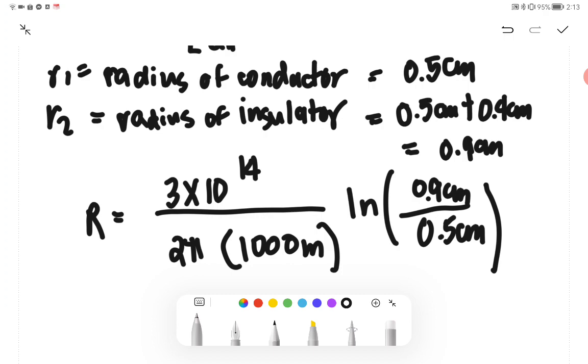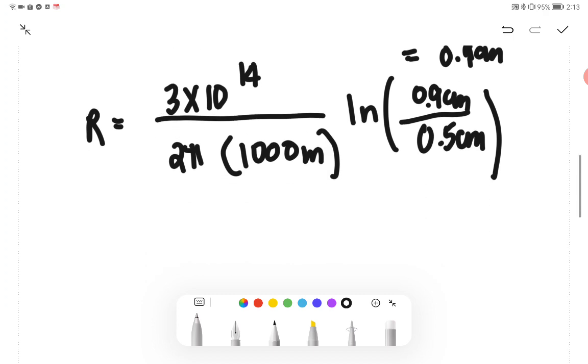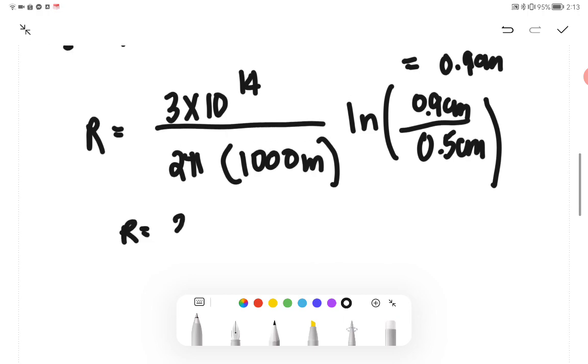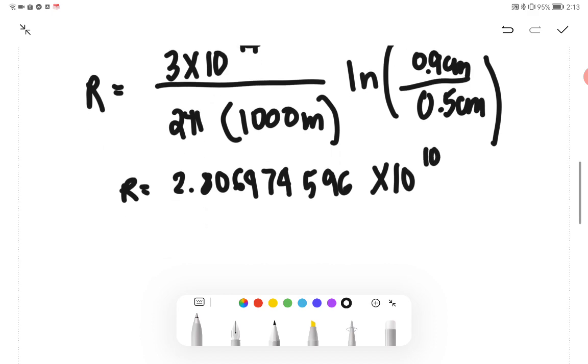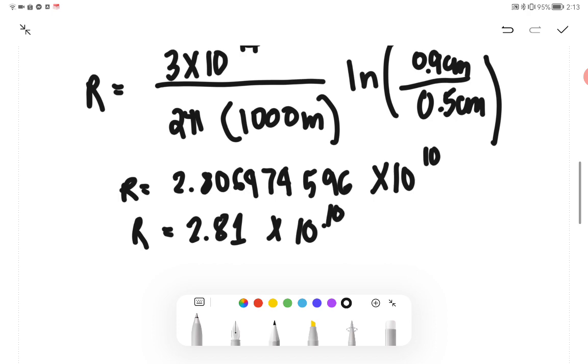Our final answer will be R is equivalent to 2.806474596 times 10 raised to 10, or simply R is equivalent to 2.81 times 10 raised to 10.